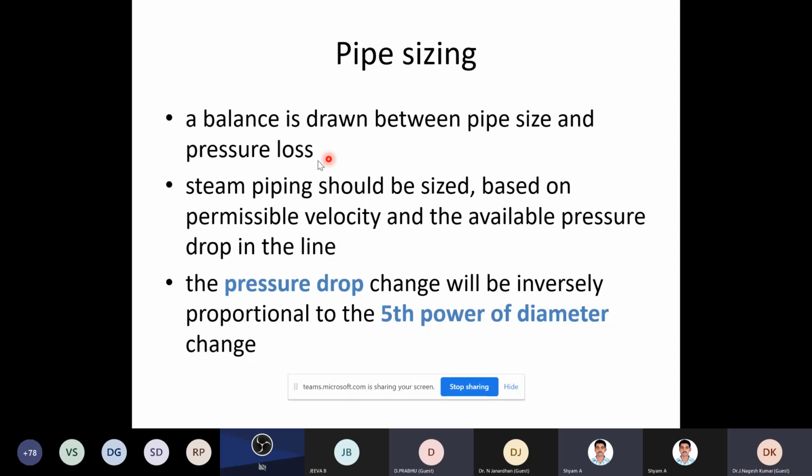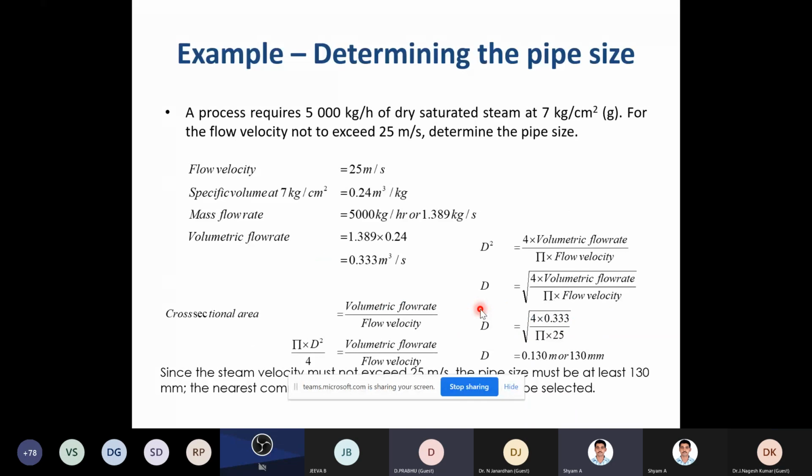And of course, it should be within the permissible velocity. And as we said, the pressure drop change will be inversely proportional to the fifth power of the diameter change. The pipe size calculations are again fairly straightforward. You know the permissible velocity.